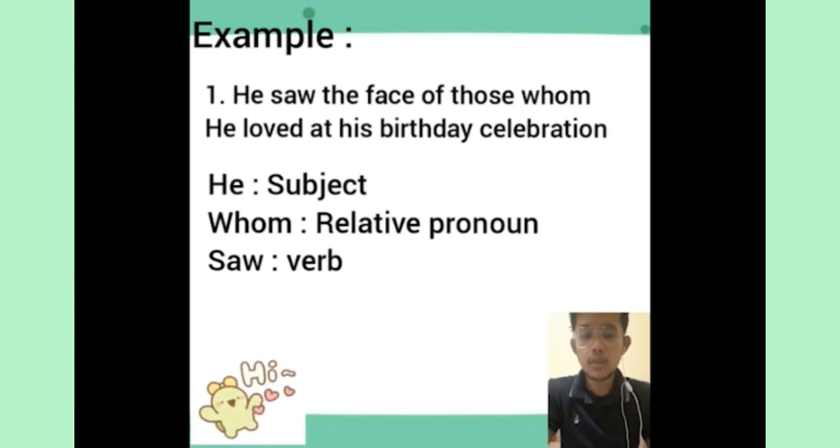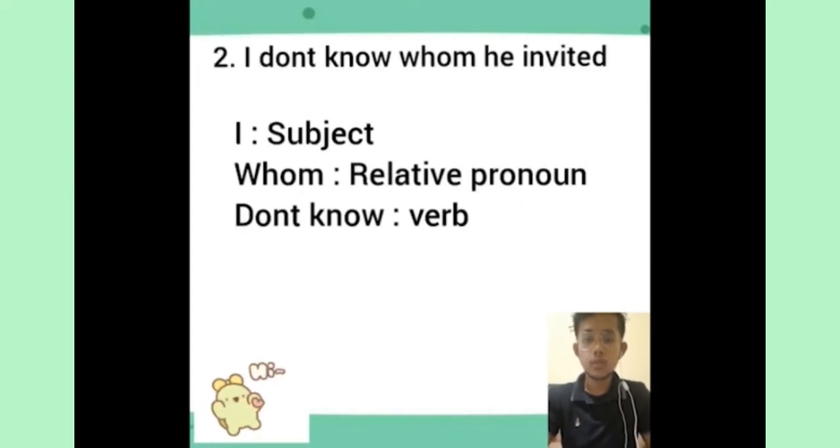He as subject, whom as relative pronoun, saw as verb. Example number 2: I don't know whom he invited. I as subject, whom as relative pronoun, don't know as verb.